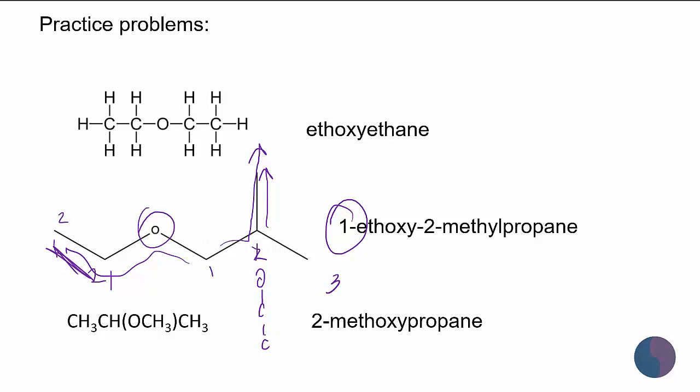Okay. And so if you look at this one too, at the bottom one here, it looks like the O's coming off there. And so it could be methoxypropane, which would mean it's over here. This is over here. So we have to say where it is now. So it's 2-methoxypropane.